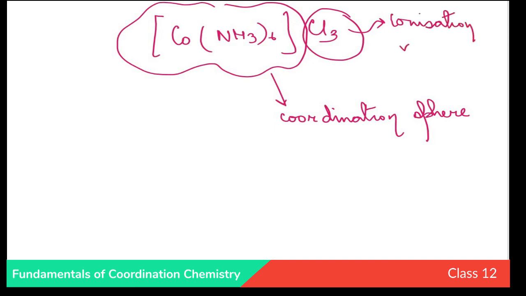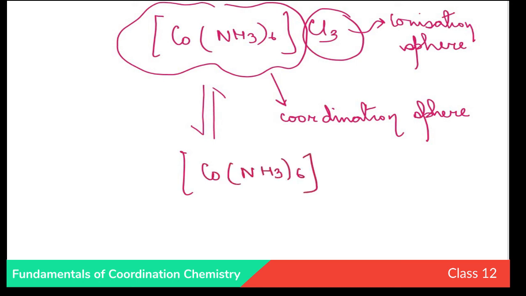Now, what is the difference between the two? Whenever a coordination compound like that is dissolved in water or dissociated, to be precise, the coordination sphere does not break, or in simple terms, the one within the third bracket does not dissociate into individual cobalt ion, ammonia gas, or things like that.